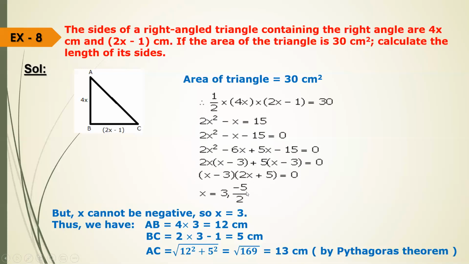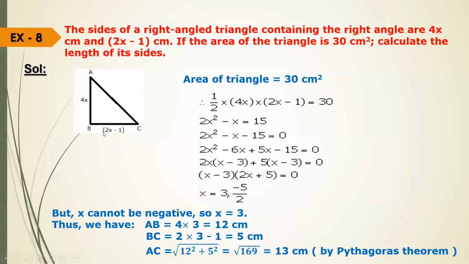Again, minus 5 by 2 is not possible because the length of the side cannot be negative. Put this value of x. What will be the length of AB then? AB will be 4 into 3, that is 12. And then find out BC.